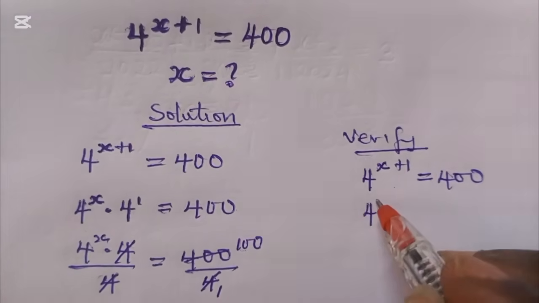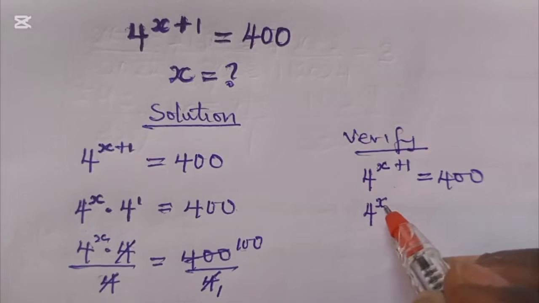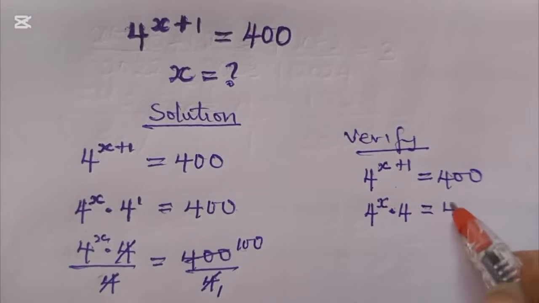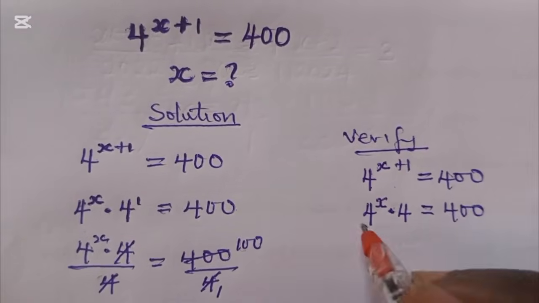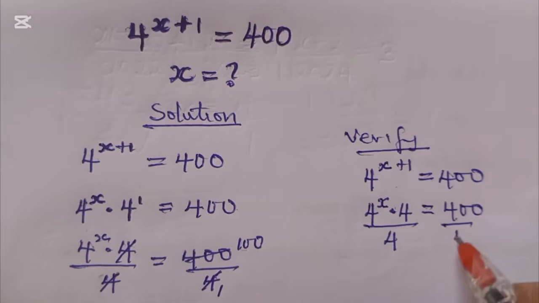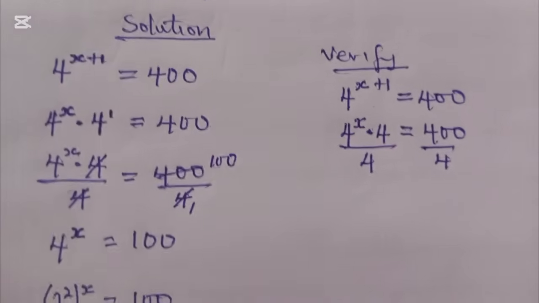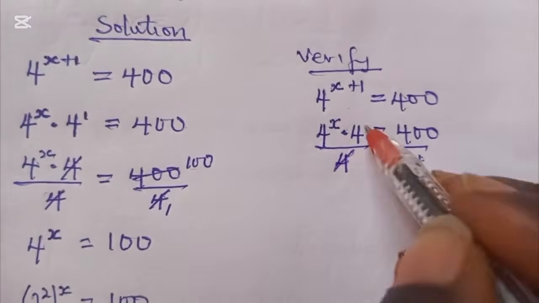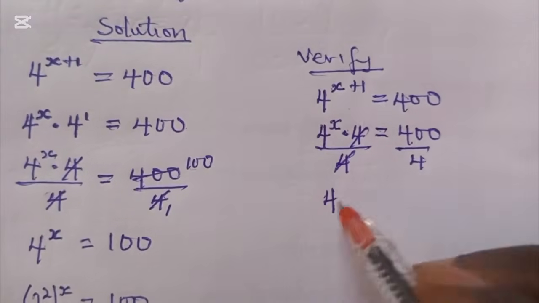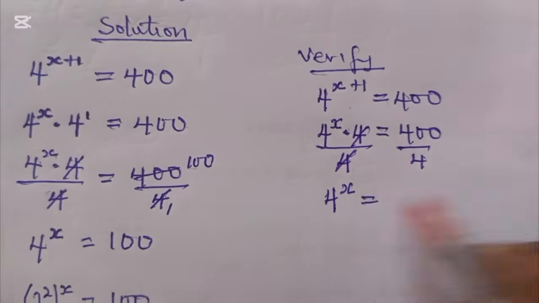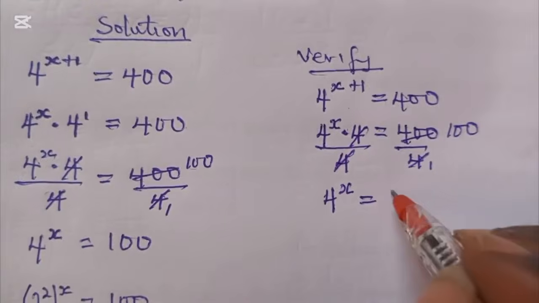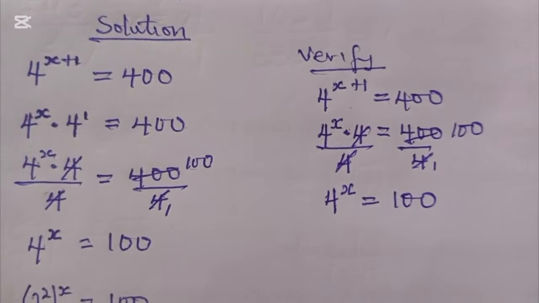This can be written as 4 raised to the power of x times 4 raised to the power of 1 equals 400. So we divide both sides by 4. When we divide by 4, 4 cancels 4. We have 4 raised to the power of x equals 100.